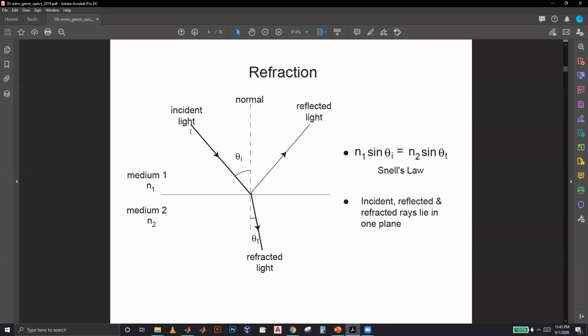In this case, most of the light will enter the second medium, but it will suffer a change in direction of propagation. But again, a small amount of energy is going to get reflected back. So in the case of refraction, we define the angle of refraction as the angle between the refracted light, which is going into the second medium, and the normal, right?